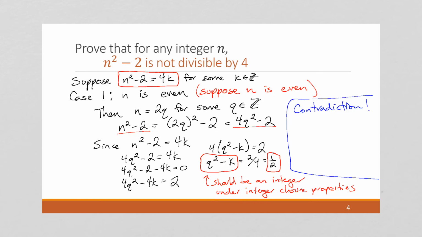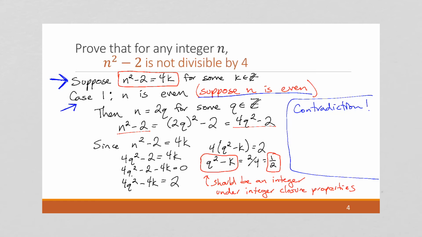Well, what does this contradiction mean? Now we've got two assumptions going on. We've got our big overall assumption that n squared minus 2 equals 4k, but we also have this newer assumption, we're supposing that n is even. And this contradiction is going to sort of cancel out the most recent assumption.